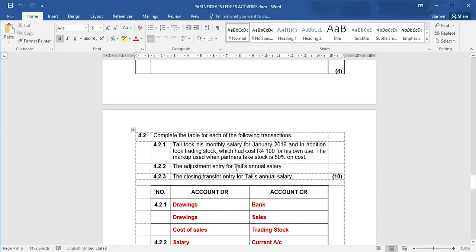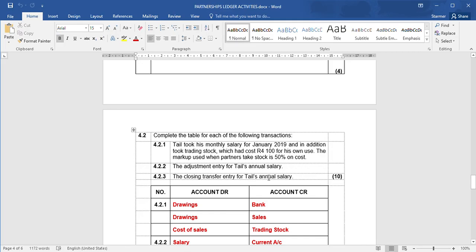Because a partner is taking stock at a marked up price of 50%, you're going to make profits. So you debit the partner's drawings and credit your sales with the selling price, and then cost of sales is debited, and trading stock, your asset, is decreasing, so it is credited, and that will be with the 4,100.